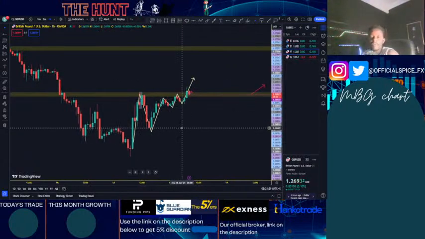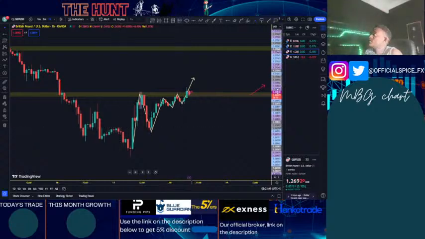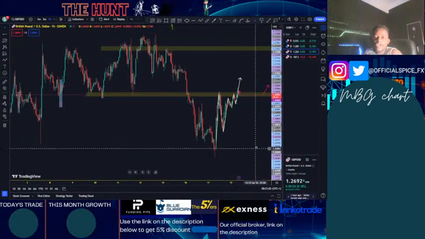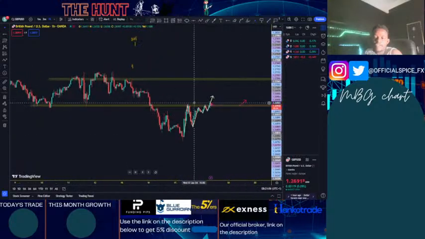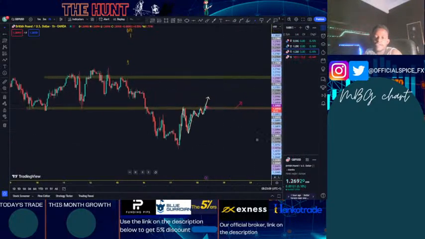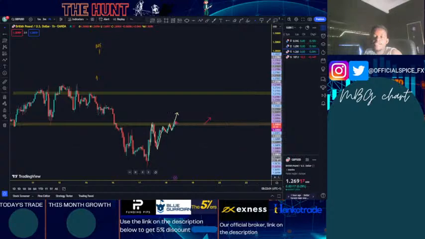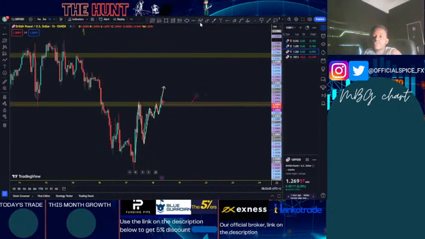But today is a little bit different. Price is already changing its phase. Now I'm not saying price won't still continue to the downside. We might still have a continuation to the downside, but for now what I can see is that price is having these higher highs, which can easily mean that price is going to continue to push to the upper side.